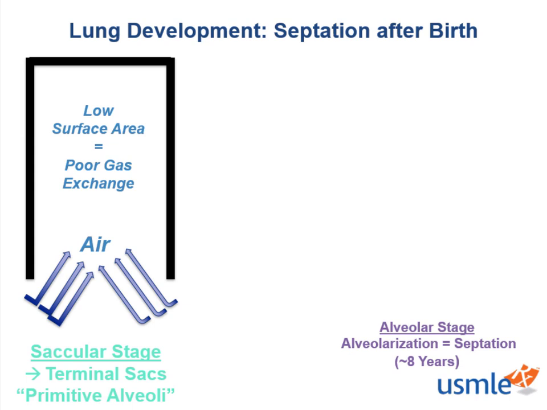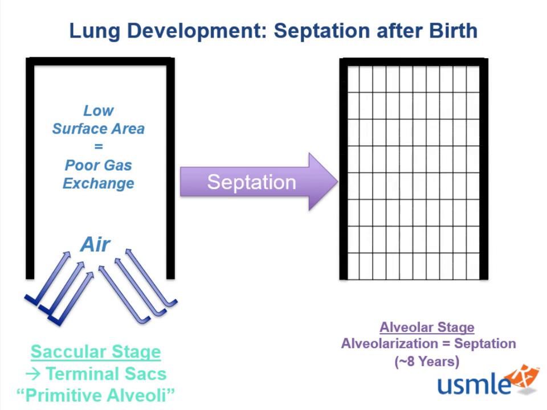However, as the baby's lungs continue to mature through the process of septation in the alveolar stage, the surface area for gas exchange would greatly increase. It is called septation because that one big terminal sac on the left is septated into many compartments capable of gas exchange.